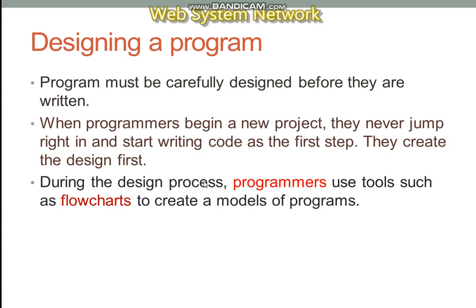And so, going back to our tutorial, when a programmer starts programming, the first thing they do is note down what they need in order to start coding. Now, during the design process, that is point number three, programmers use tools such as flowcharts to create models of programs.